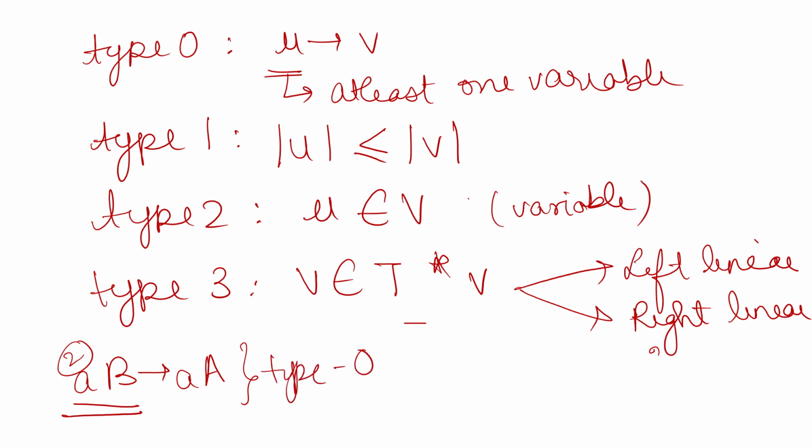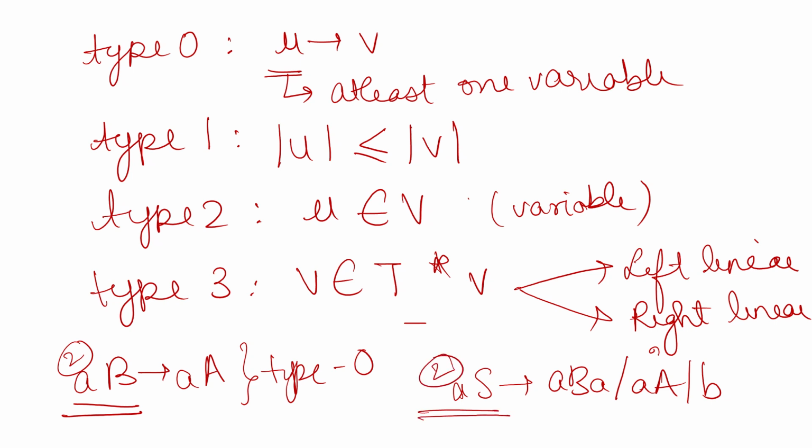Next, AS going to ABA or A or B. Here we have two variables on the left, so similarly this is also your type 0.